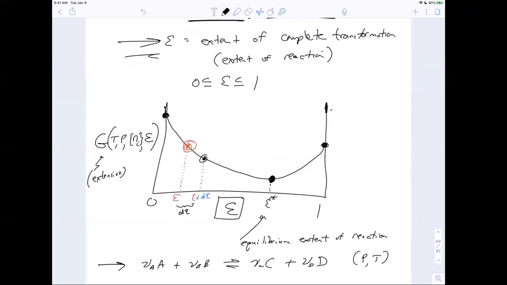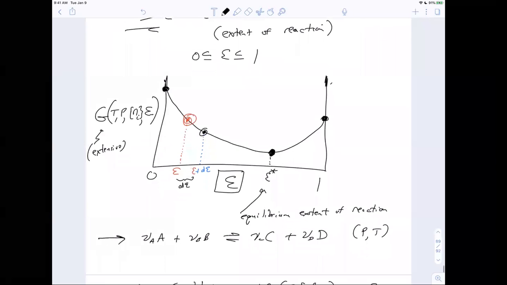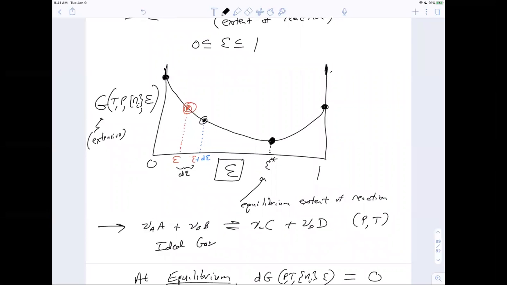And so what that entailed is developing equations for G in terms of epsilon. And I always keep forgetting, but this is for ideal gases that we're talking about. We're using ideal gases initially because we know that in general, G is equal to the summation of mu_i n_i. And for an ideal gas, mu_i is just mu_i at some temperature and reference pressure P naught, plus RT natural log of the partial pressure of i over the reference pressure for that species, whatever we choose it to be.